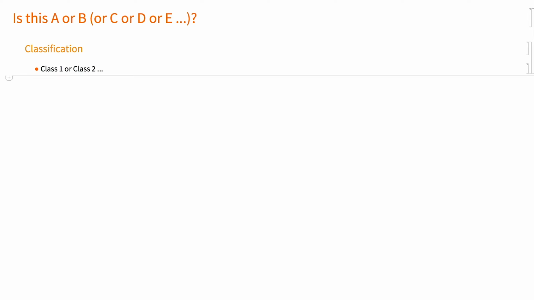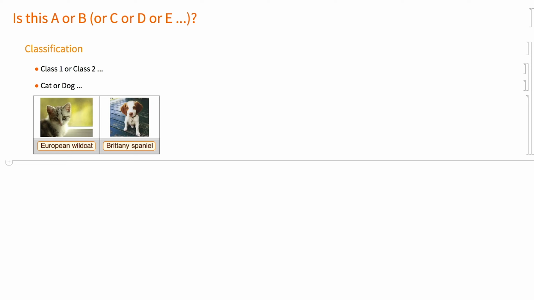Let's look at a few questions that data science projects often try to answer with the help of data. To begin with, we have one of the most frequently asked questions, that is of the type, is this A or B? Or even A or B or C or D or E? In data science, this is known as classification, trying to figure out if a sample belongs to class 1 or class 2.